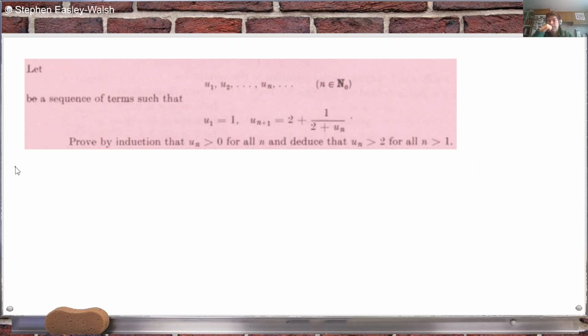Right, so we've just proven that UN is positive. And likewise, UN plus 1, all the terms are positive. But why should UN be at least 2?